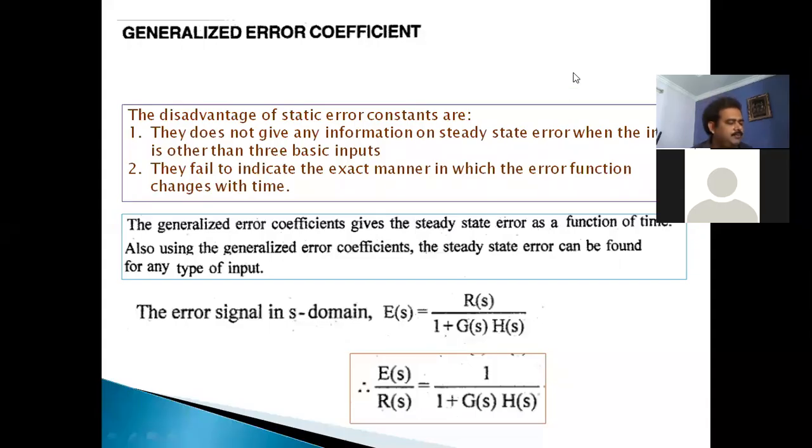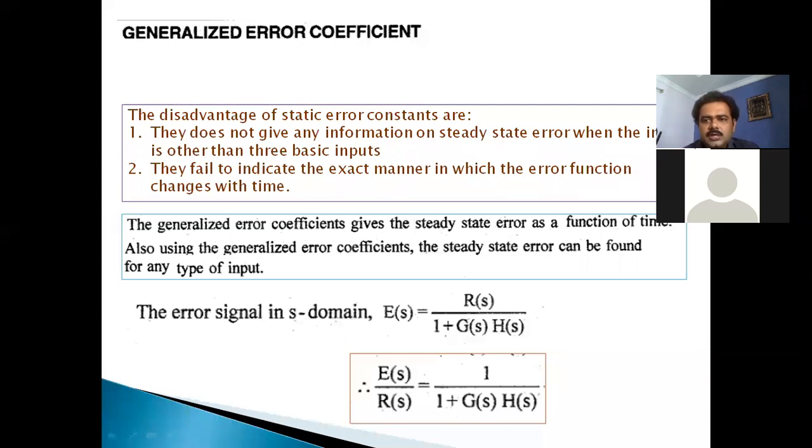Okay. When the inputs are standard inputs, static error constants give the information. But when the input is a practical input, other than the standard or basic inputs, that means unit step, unit ramp, and unit parabola, then the behavior of the error with respect to time is not available; there is no information if we use static error constants.